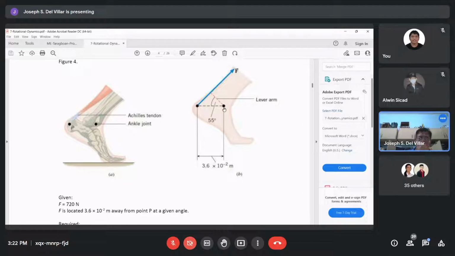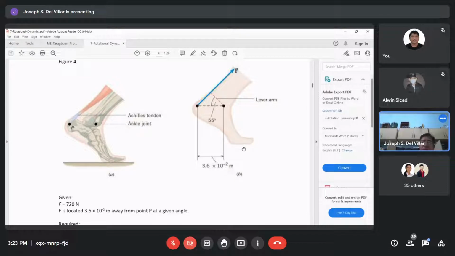Okay? So you can see the x component passes through the ankle joint, which is the pivot point. So that x component has no torque. The vertical component is what will produce torque. And its lever arm is this, the 3.6.